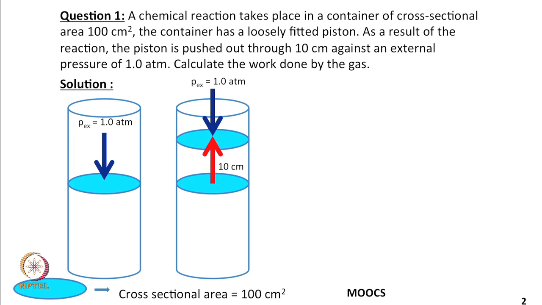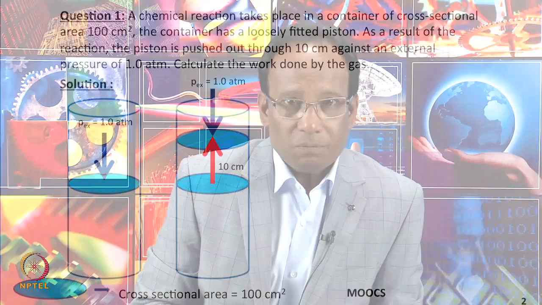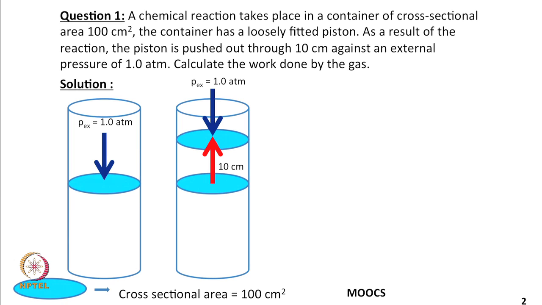So, how do we approach this question? First, let us try to identify whether the conditions given to us are reversible or irreversible. Please note that the piston is pushed out against an external pressure of 1 atmosphere. The external pressure is fixed.